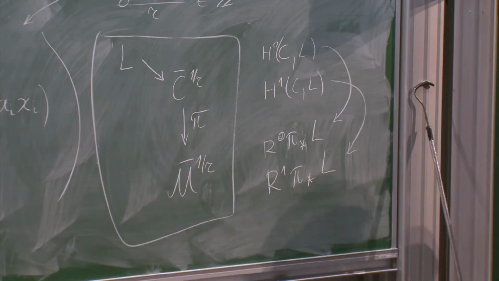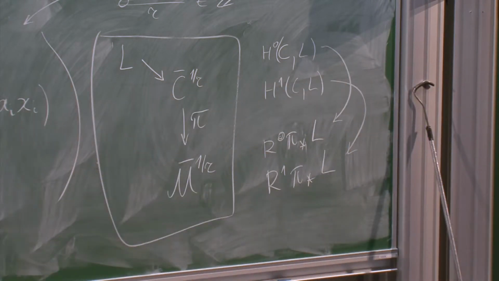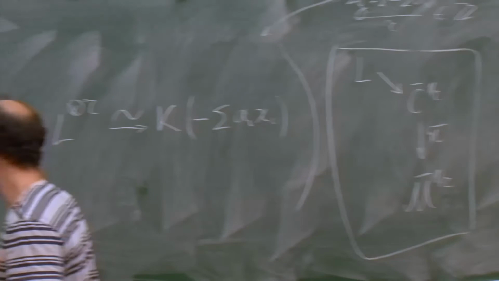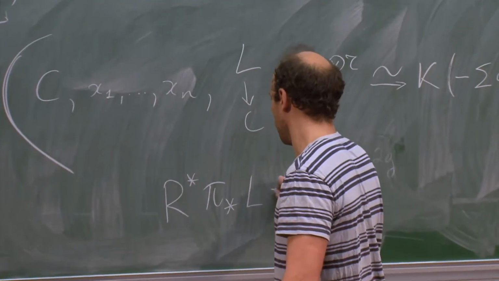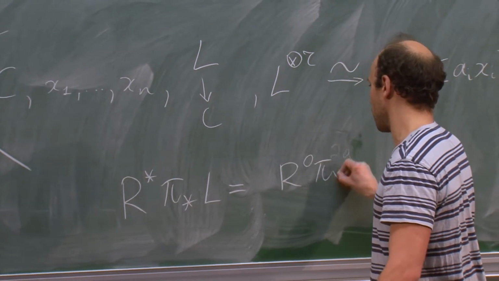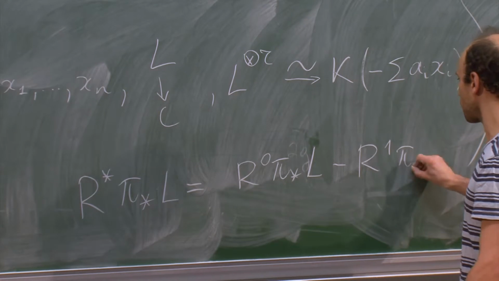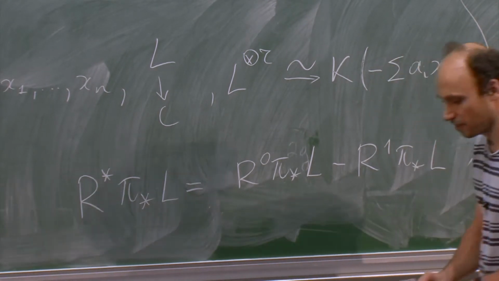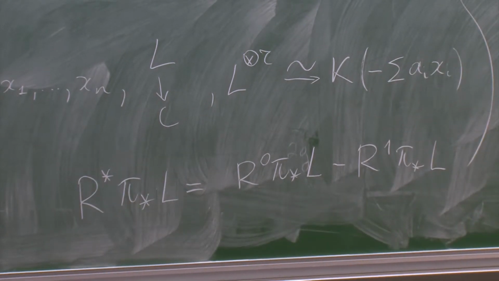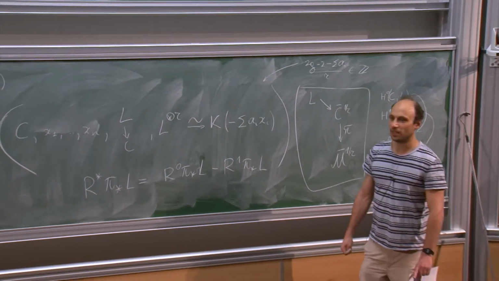I obtain two sheaves. And so R star pi star of L is equal to R0 pi star of L minus R1 pi star of L. It's a rather common construction. This is what you see in the Grothendieck-Riemann-Roch formula, for example.